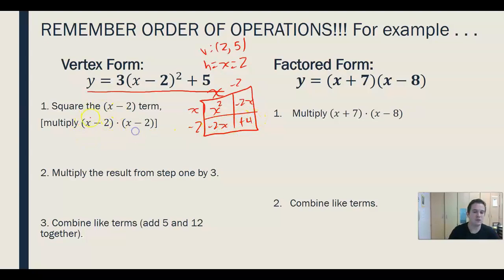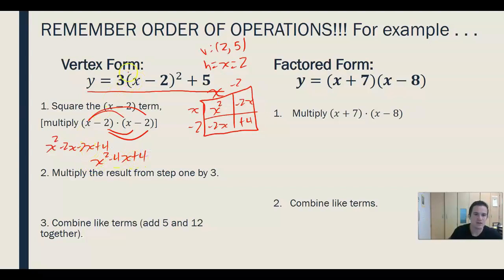Or some of you like using the rainbow method, and you'd get x squared minus 2x minus 2x plus 4, which simplified would be x squared minus 4x plus 4.